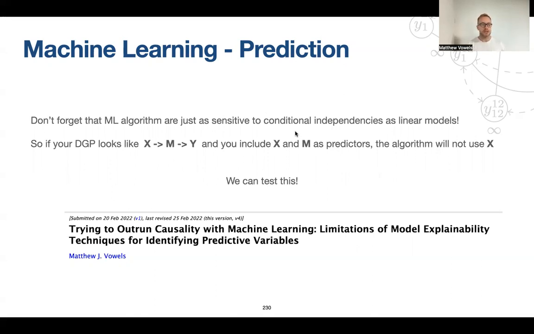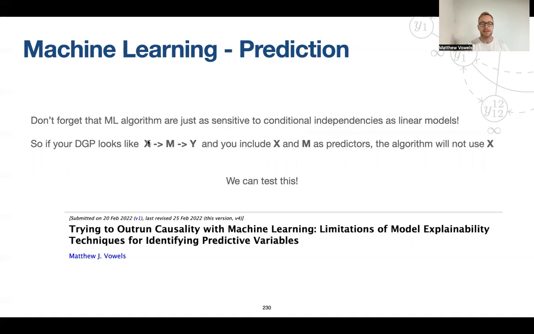When we use a machine learning algorithm to estimate the expectation of y given a set of predictors, that model will be just as sensitive to the underlying causal structure, which means that, for instance, if your data generating process is a fully mediated structure like this, you have x through m to y, and you include both x and m as predictors, the algorithm won't use x.